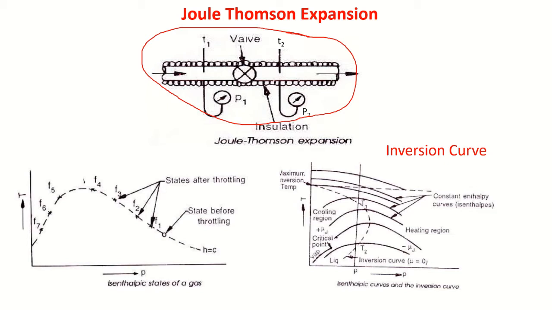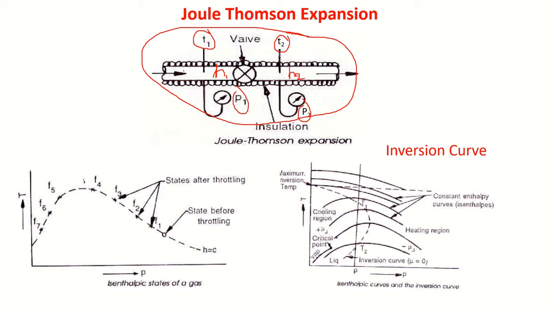The inlet conditions are temperature T1, pressure P1. Outlet conditions are temperature T2 and pressure P2. So here we know from steady flow that enthalpy at the inlet is equal to enthalpy at the exit.